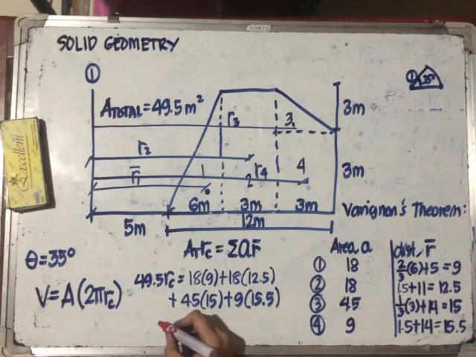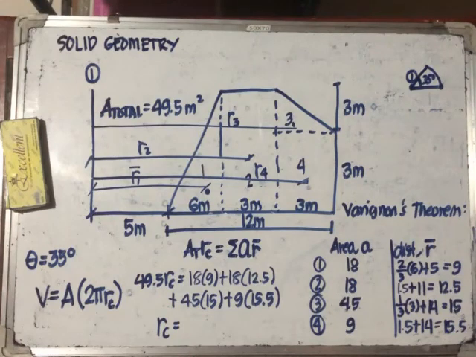That would give us R sub C value equal to, let's compute, 18 times 9, 18 times 12.5. Okay, that should give you 594 divided by 49.5. R sub C is 12. Okay? R sub C natin is equal to 12.